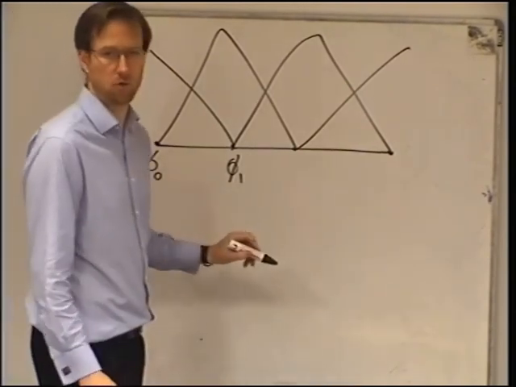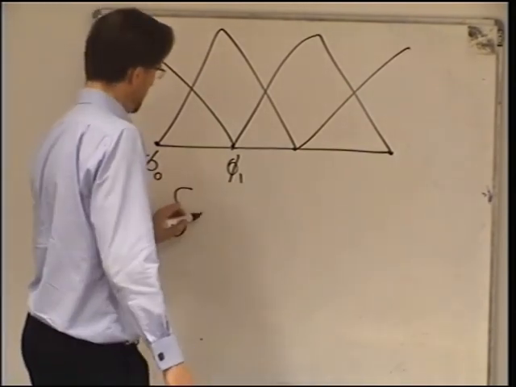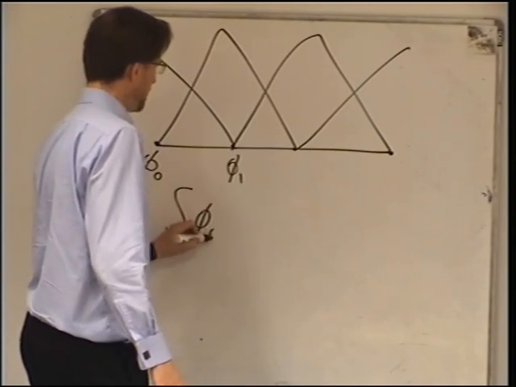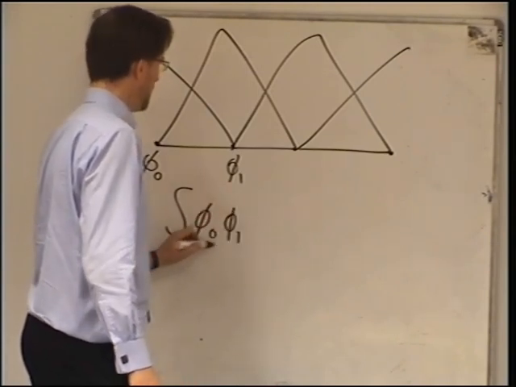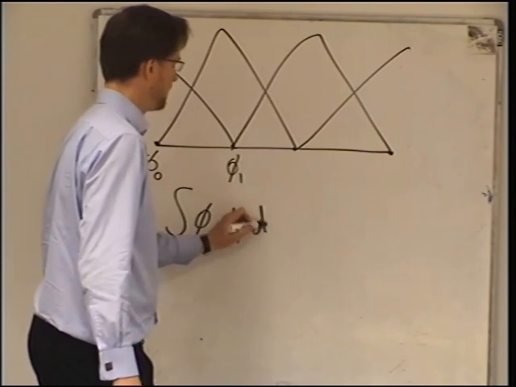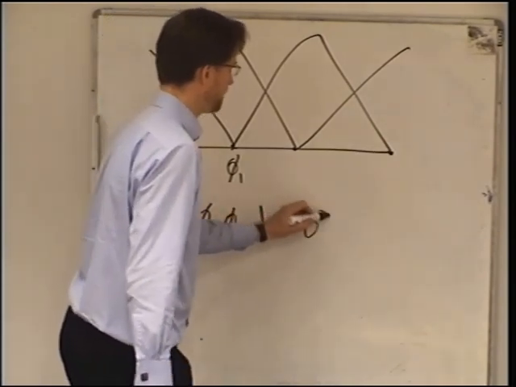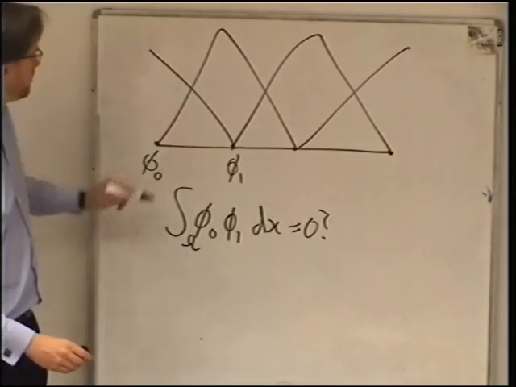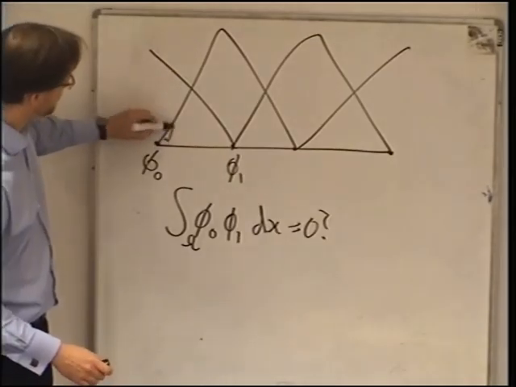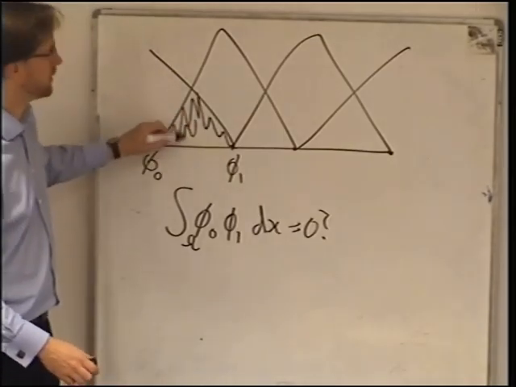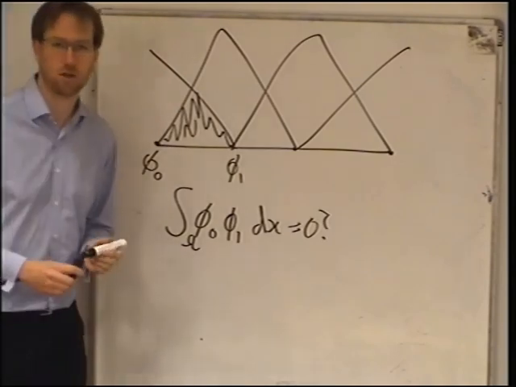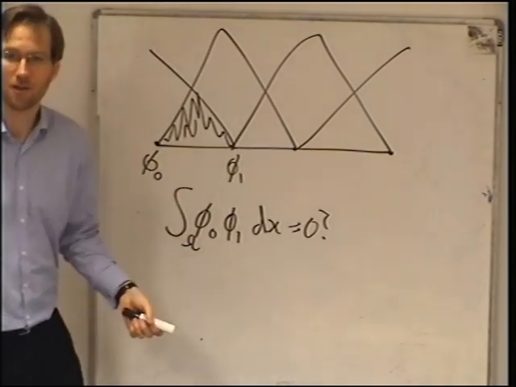So orthogonal would mean orthogonal in the L2 norm. So that means, is the integral of phi 0 times phi 1 over the domain equal to 0? And the answer is no, because the integral is going to be the area of this triangle here where they overlap. So actually, it's frequently the case that they're not.